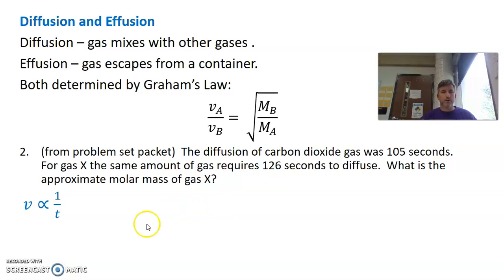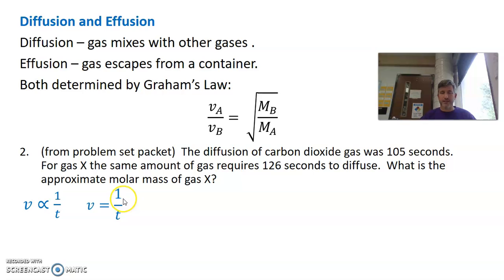With that in mind, since we're only concerned with relative velocity, we can get rid of the proportional sign and simply say that the velocity is equal to 1 over time. We're not interested in the absolute speed in meters per second or miles per hour. We simply want to know how fast they are relative to one another.